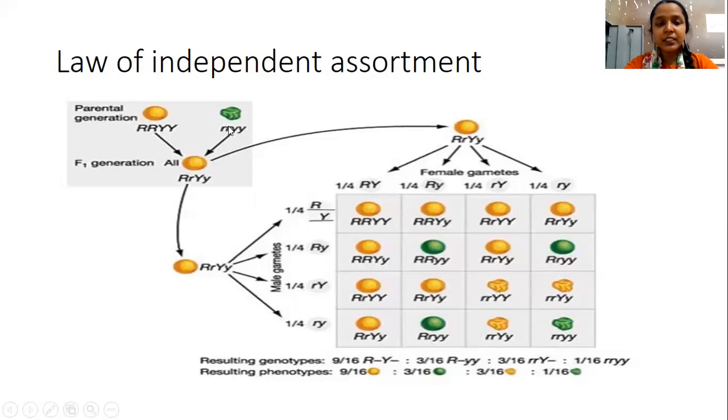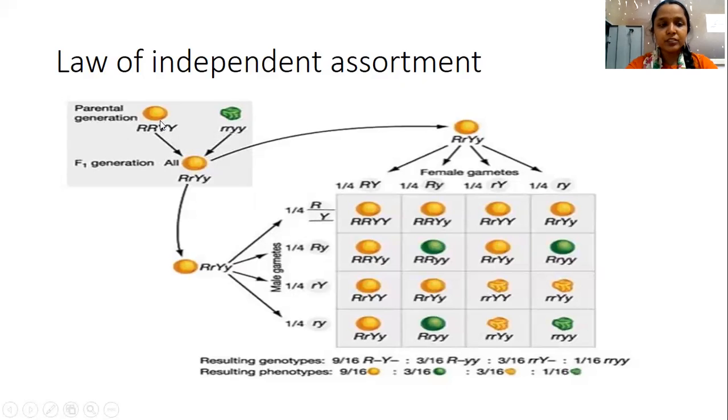And the recessive parts are wrinkled and green. So small r represents wrinkled, and small y represents green. These are the recessive characters. This is what we call the pure line: both dominant genes and both recessive genes. If the parents have both dominant or both recessive genes, then it is called a pure line.